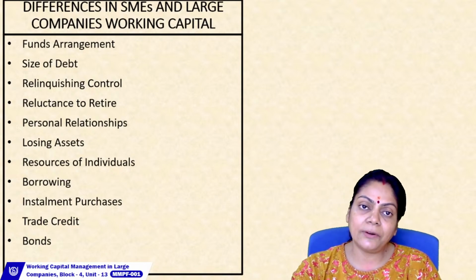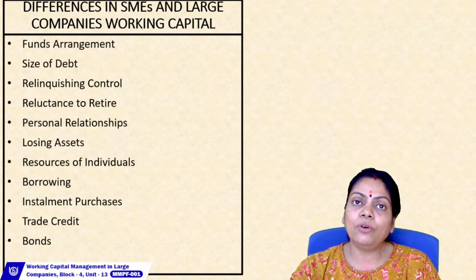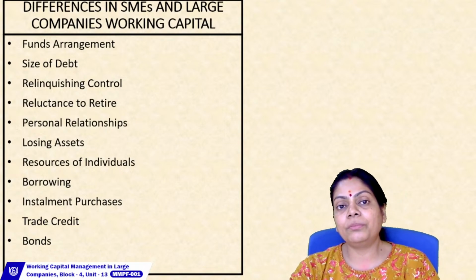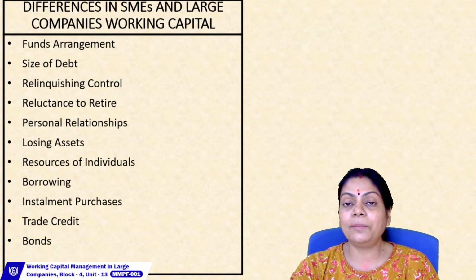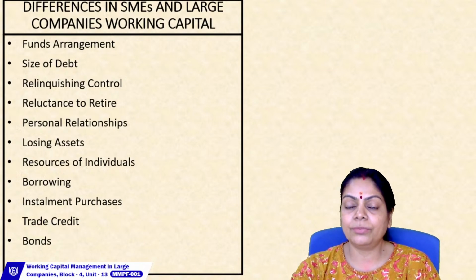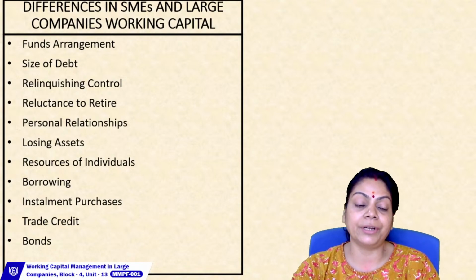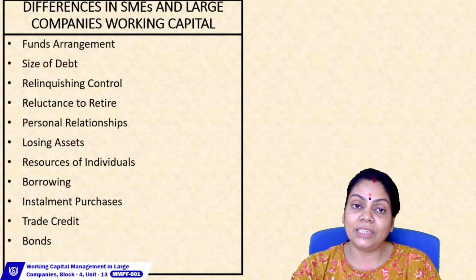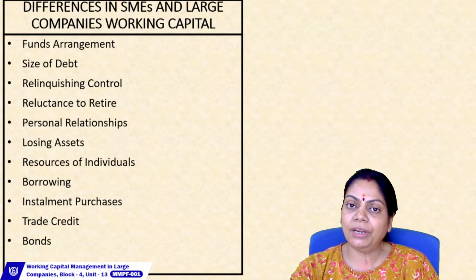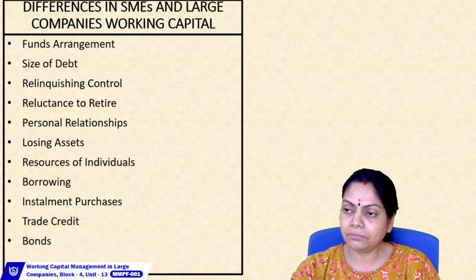So instead of getting good credit, the creditors here might arm twist the small companies to accept a very poor credit standard or line of credit. So trade credit is easier for large companies and quite difficult for the SMEs.